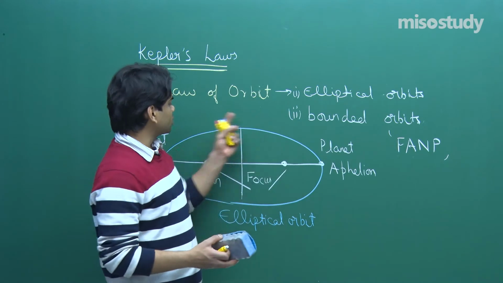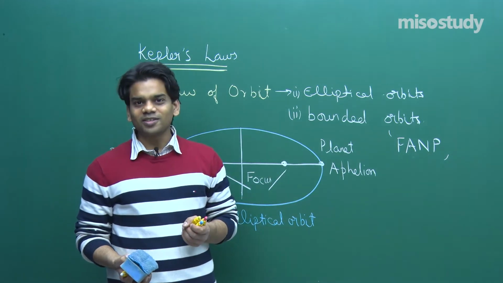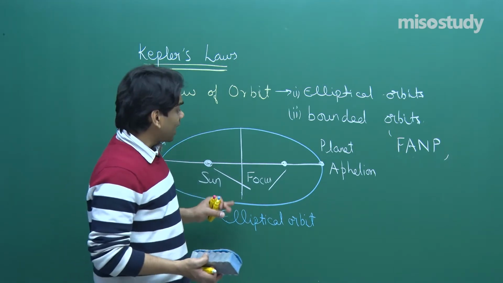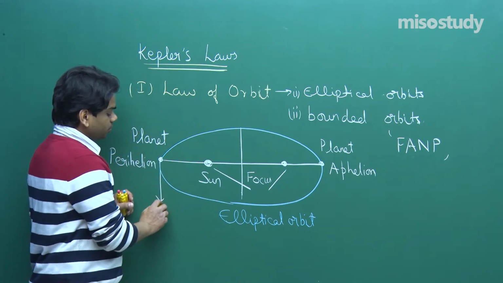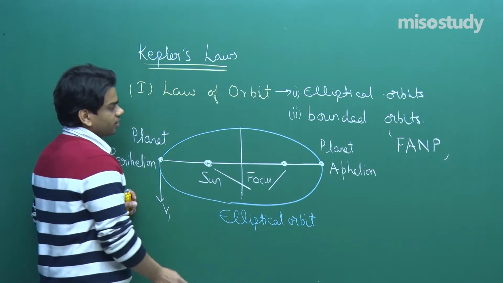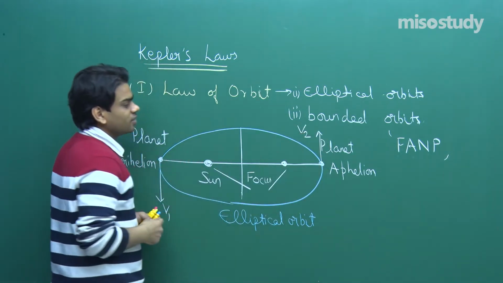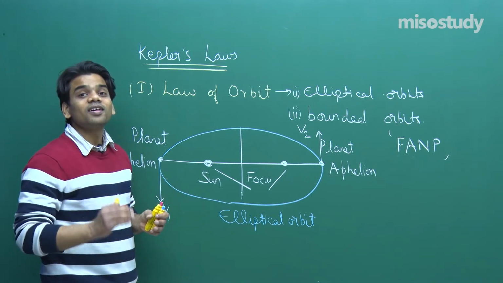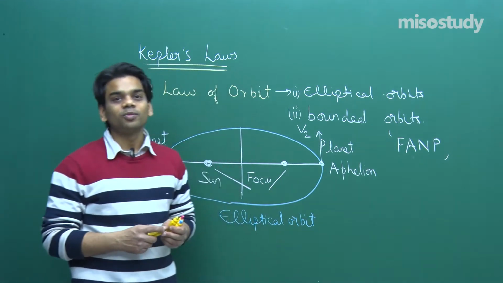Next thing, first law: they are moving in an elliptical orbit. I have already told you that the velocity is not given by root GM by a, so it is not a constant speed. One more thing: if you take the speed at two points, let me mark the speed here as v1 and here as v2. When the planet is nearer, it will be revolving with a higher speed compared to when it is further away from the sun.